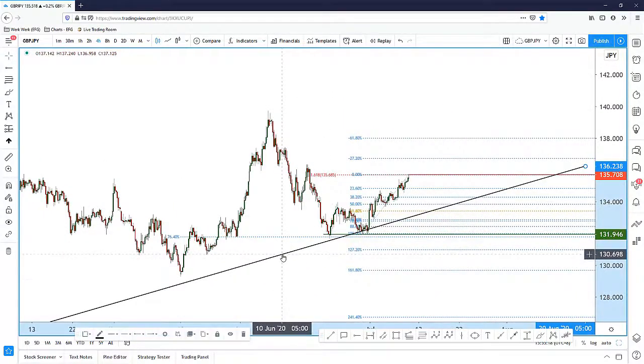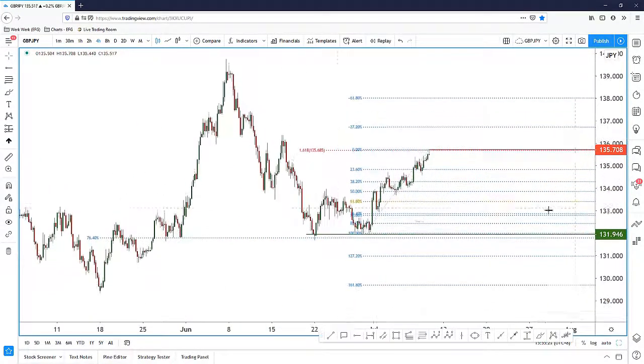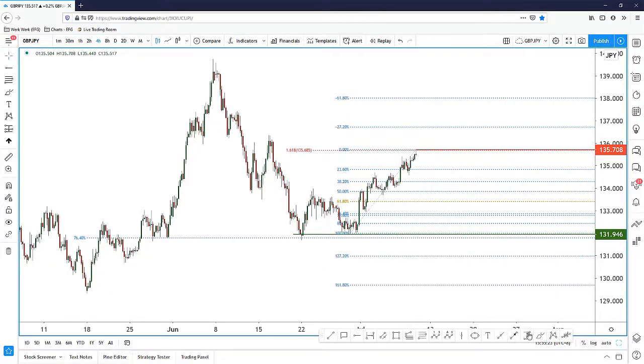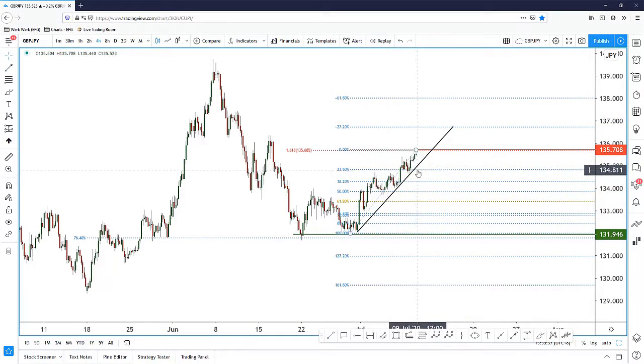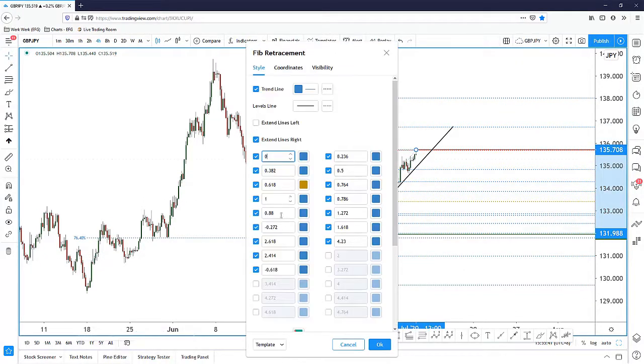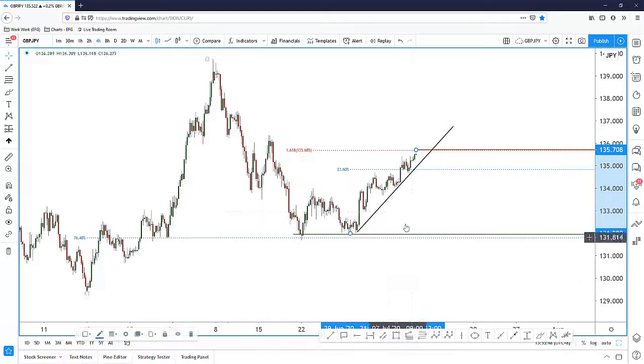This trend line is too far away, so we can use a nearer trend line that connects all these lows since we're on the 4-hour. From the low, just a straight line, and the nearest trend line is at 23.6. So I'm just going to highlight 23.6, and I will put this as the support.